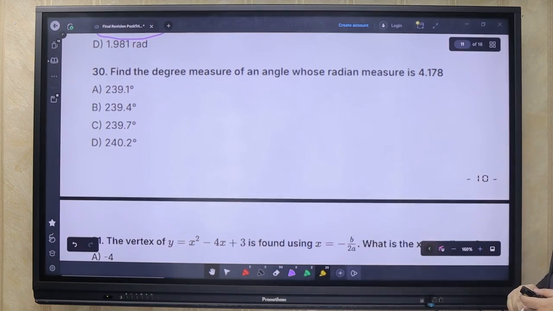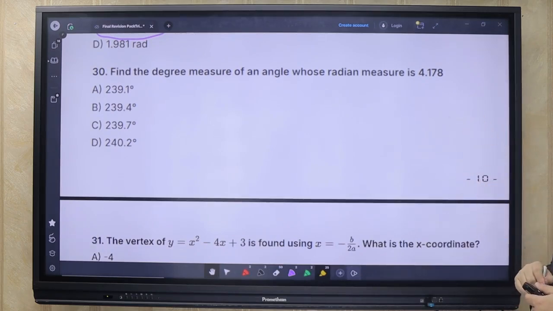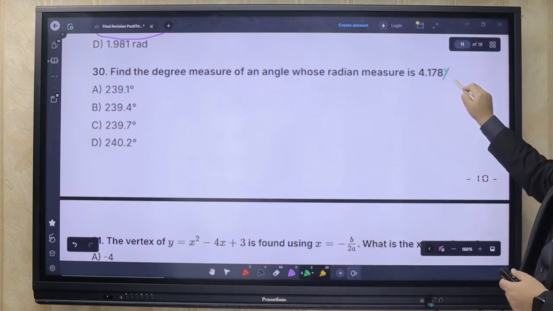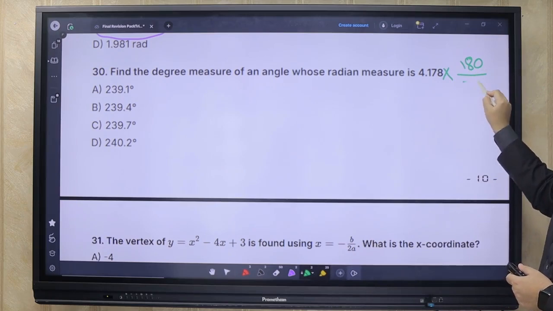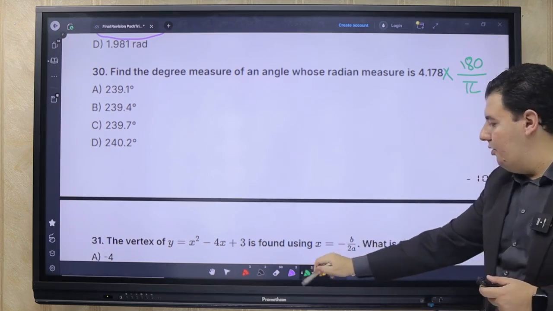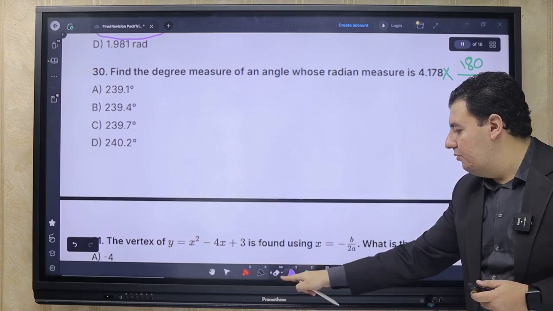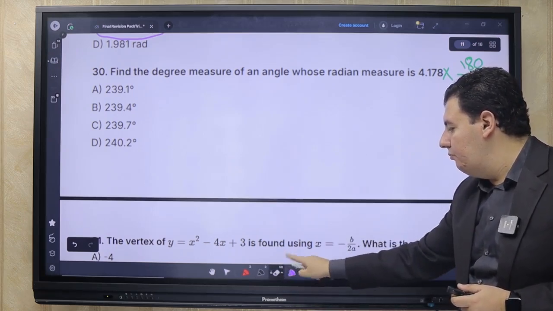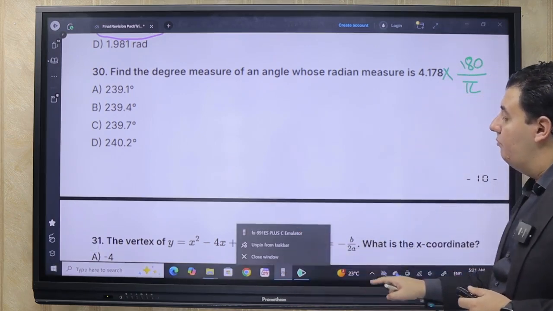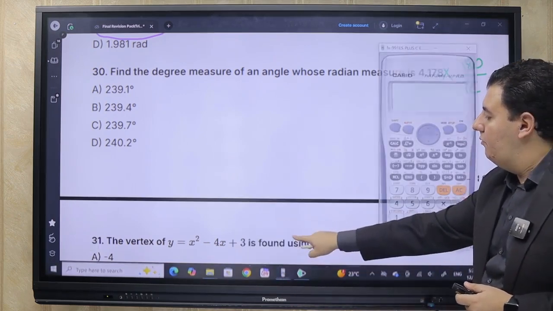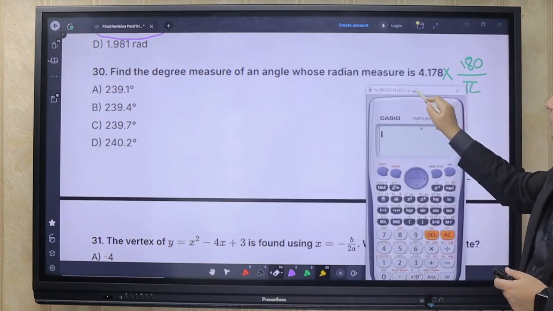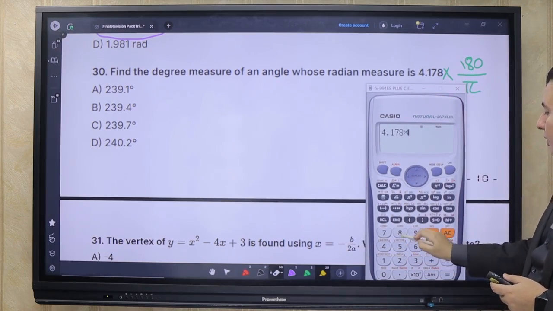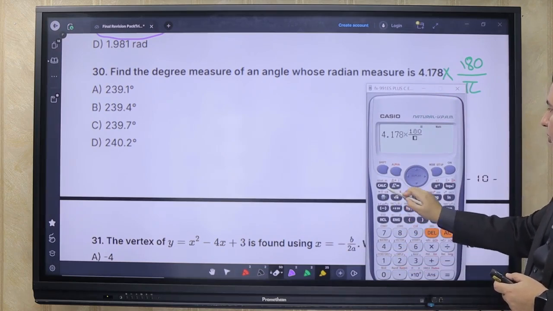Find the degree measure of an angle with radian measure 4.178. We are going to multiply by 180 over pi. Using your calculator: 4.178 times 180 over pi.